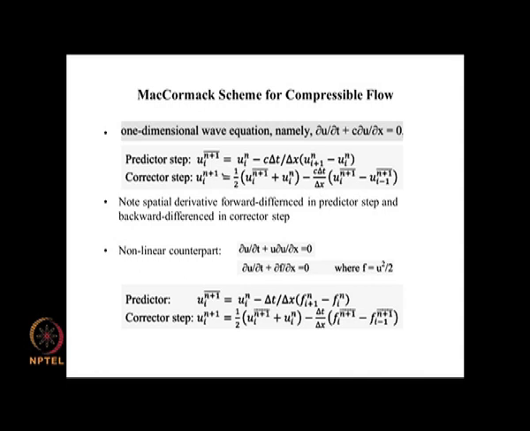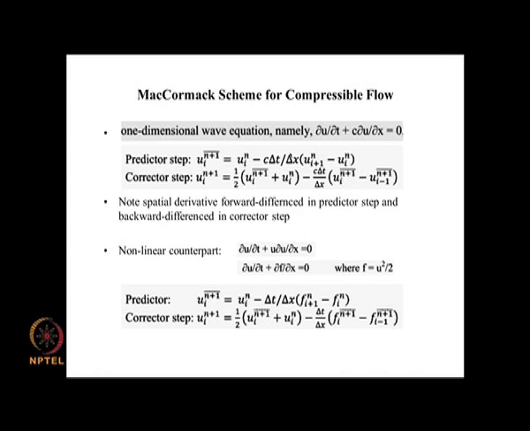If you look at this, it is not quite like the previous one. This term here is the space derivative, ∂u/∂x, and you have the delta t coming from there, and here it is written as u_i minus u_(i-1). So, it is backward differencing, but it is the intermediate values, the predictor values, that are used here.